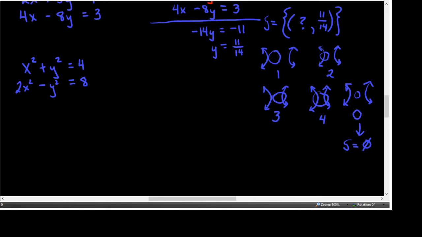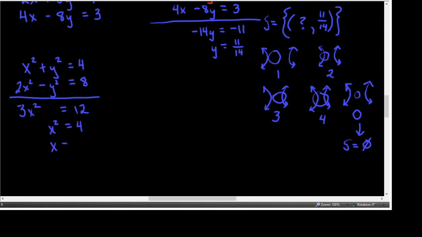So anyway, coming back to this problem, it looks like I could just simply add these two equations as they are, because the y squared coefficients are already opposites. So if I add those, I'll get 3x squared equals 12. So x squared equals 4. And this is something you have to be very careful about.